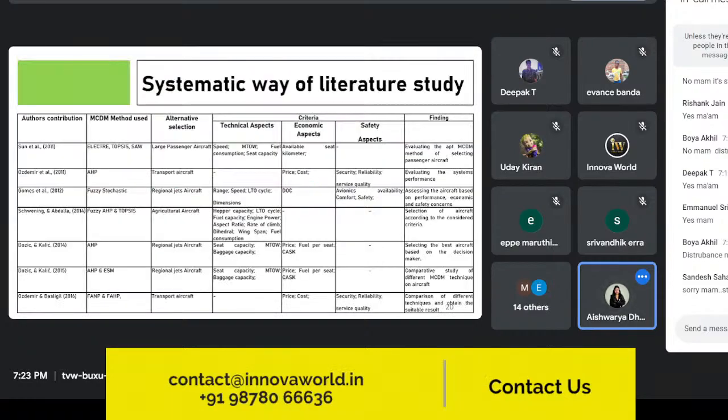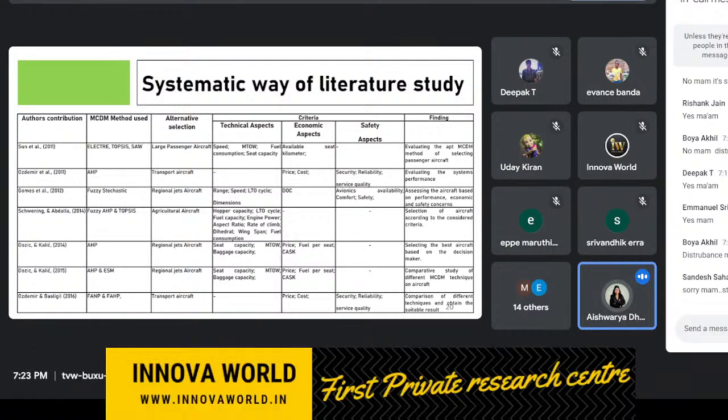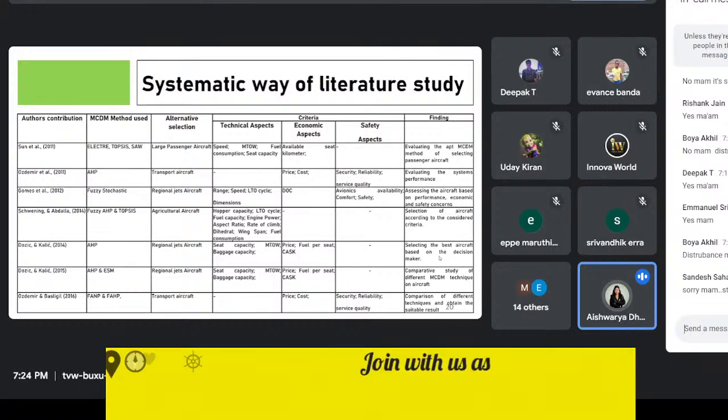Right now, this is called a systematic way of literature study. I hope all of you can see my screen. You can please unmute so it will be easy for me.